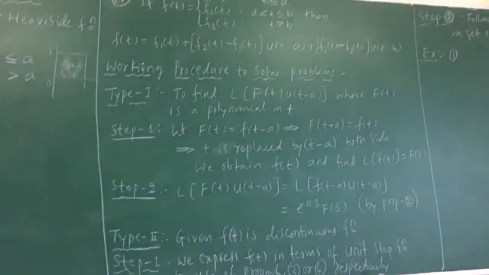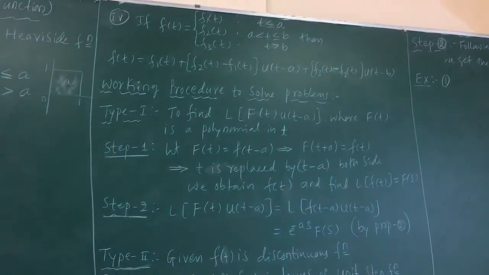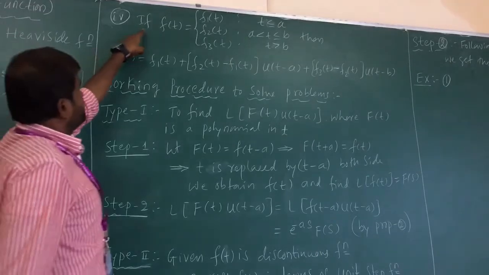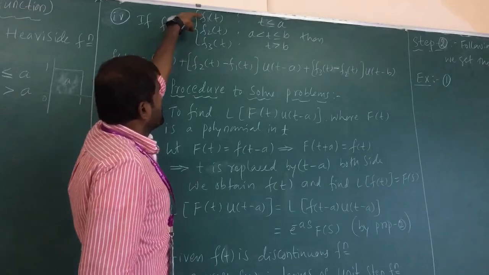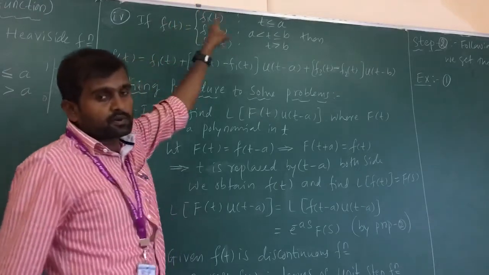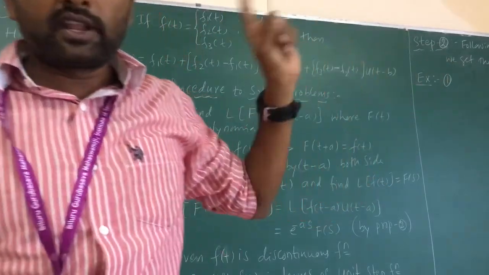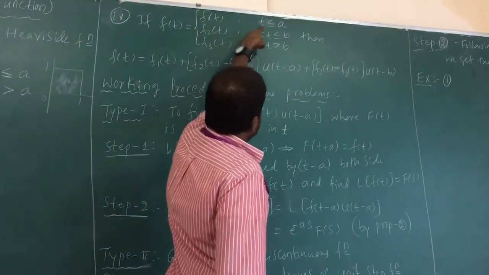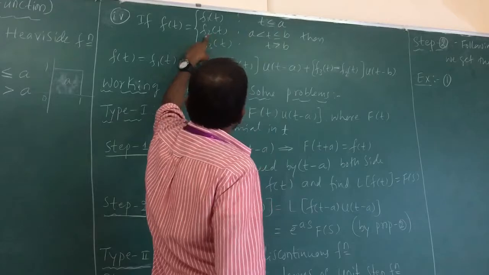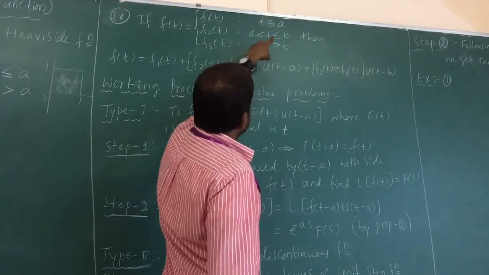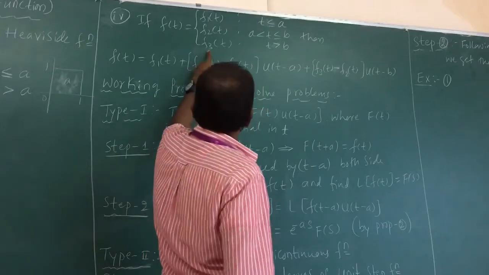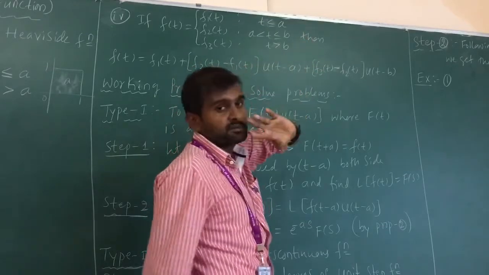Now let's see the next property, the fourth one. If f of t equals f1 of t, f2 of t and f3 of t, where f1 of t is for t less than or equal to a, f2 of t is for a to b, and f3 of t is for t greater than b.